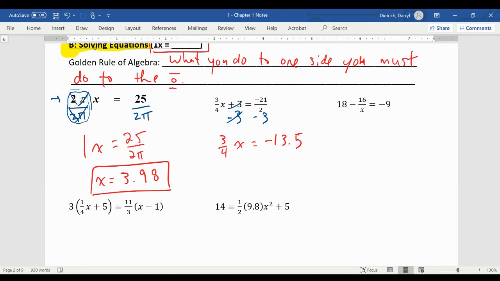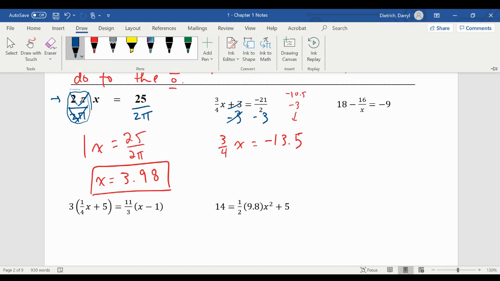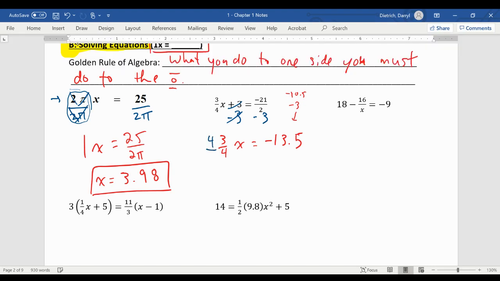And we'll talk about a couple things in class. Namely, what I would do here is say negative 21 over 2. Well, that's negative 10.5 minus 3, which is, of course, negative 13.5. Okay, so now on the left side, I've got 3 over 4x. Well, to turn that into 1x, I'm going to multiply by 4 and divide by 3, and that's because I'll have a 4 on top, 4 on the bottom. 4 divided by 4 is 1.